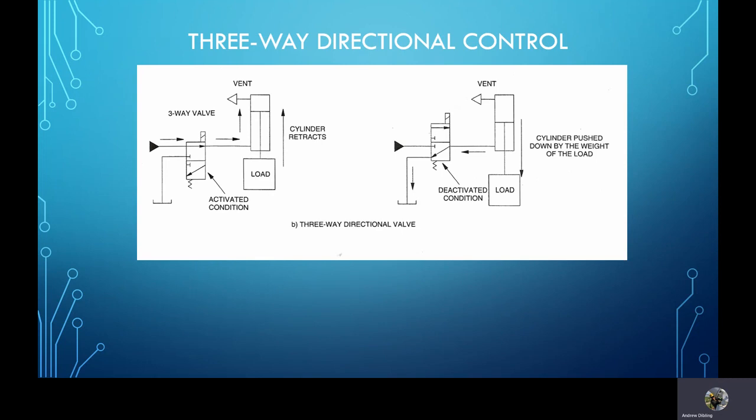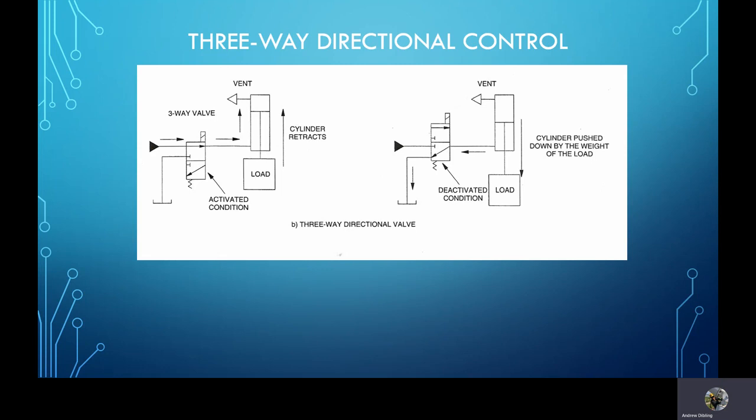If I come to this one, however, the fluid has three options. It's still only a two-position valve, one with it activated, of course, and one with it deactivated. In the deactivated condition, the fluid from the annular side or the rod side of that cylinder is shunted through to the tank.